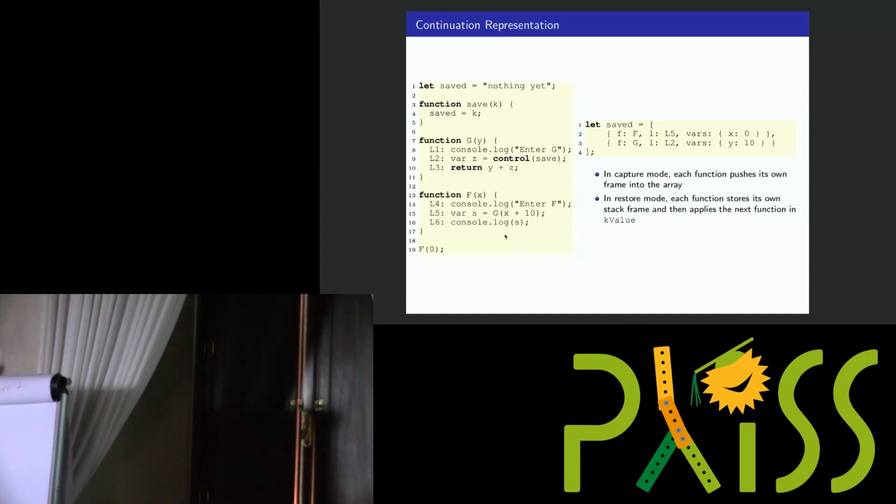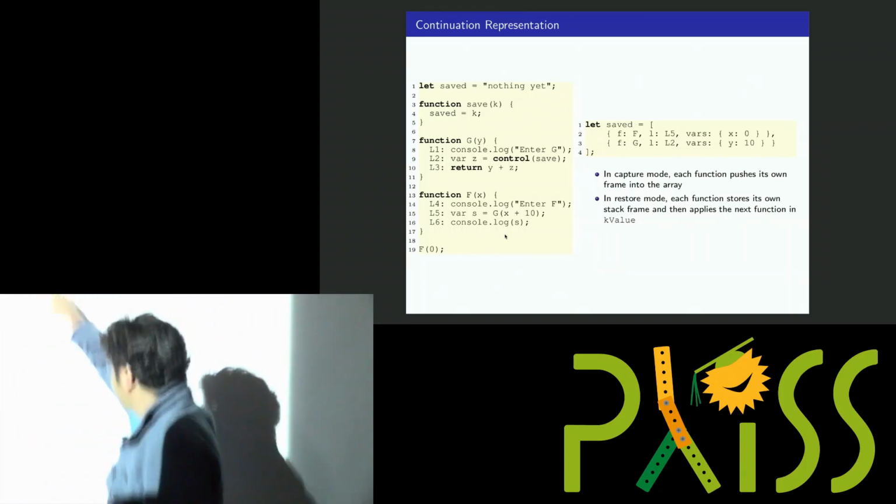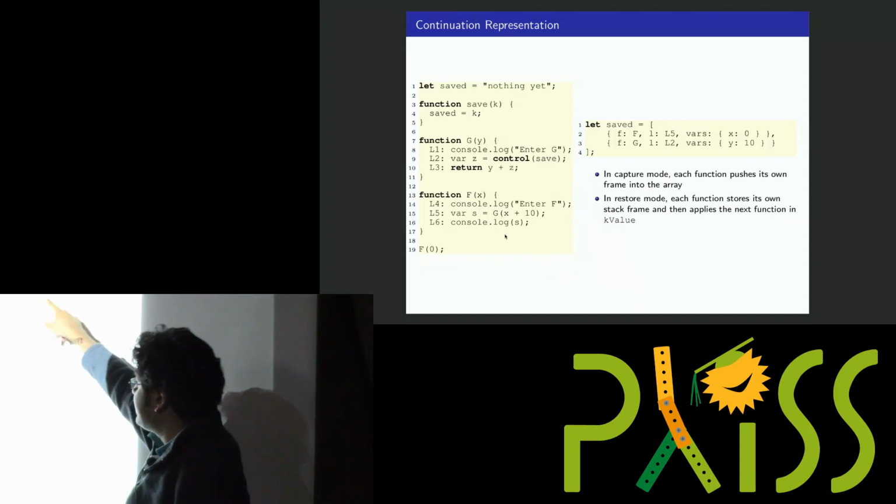One way to think about what the continuation needs to be is that it's an array of effectively stack frames, where each element of the array has the function that we were supposed to call, the line number that we were supposed to jump to, and the values of the local variables that are relevant. So when we re-invoke the saved continuation, we first enter the function f with 0 as the value of x.